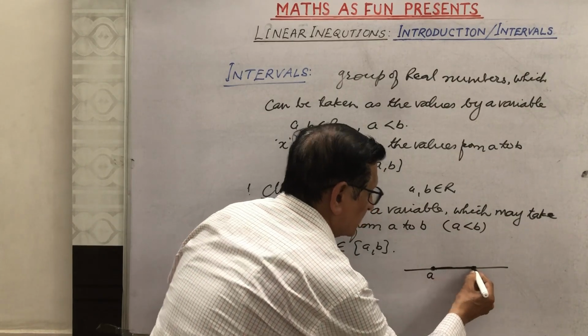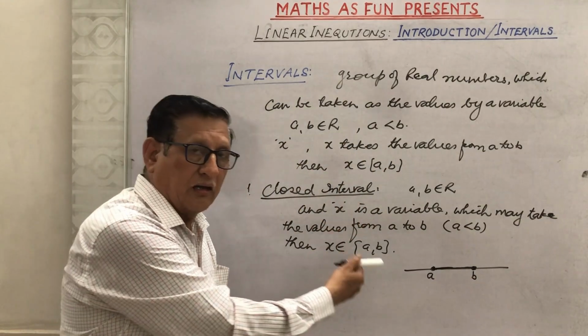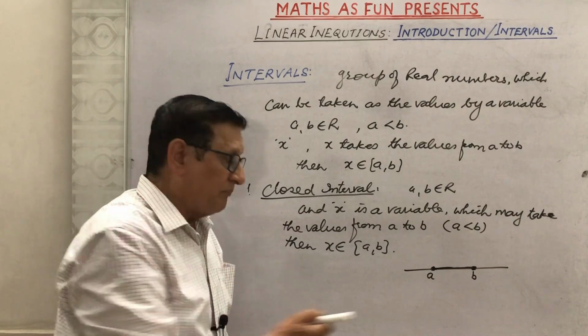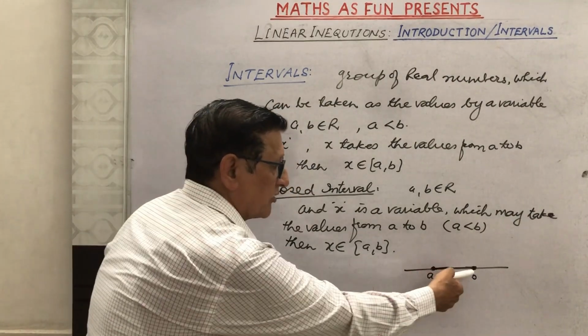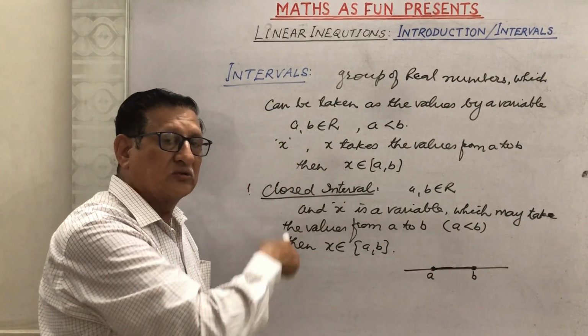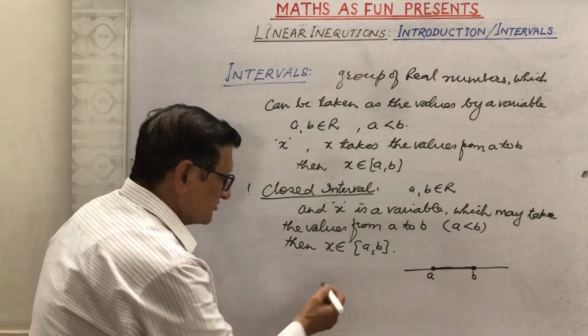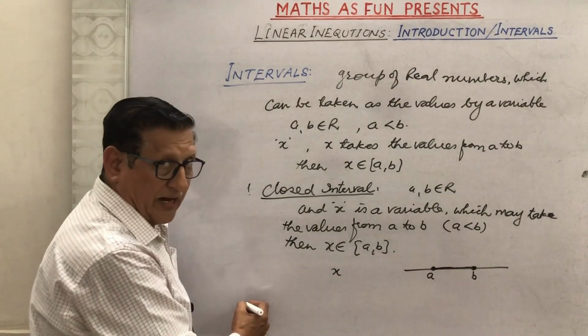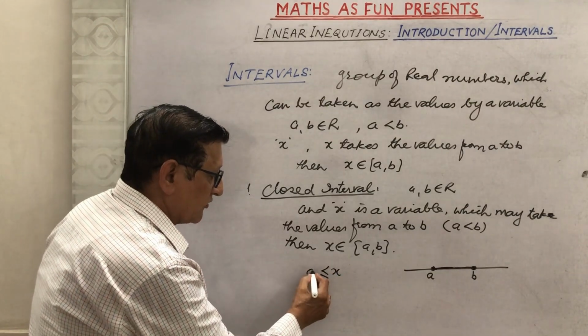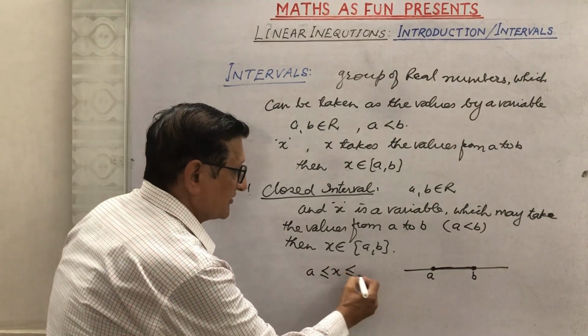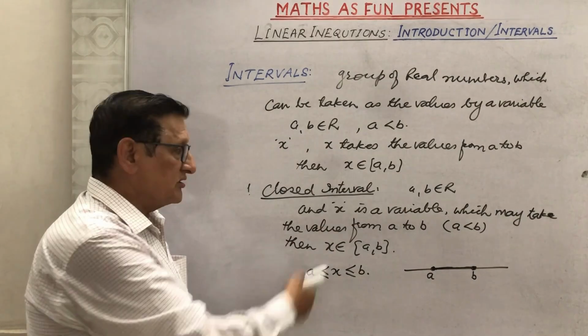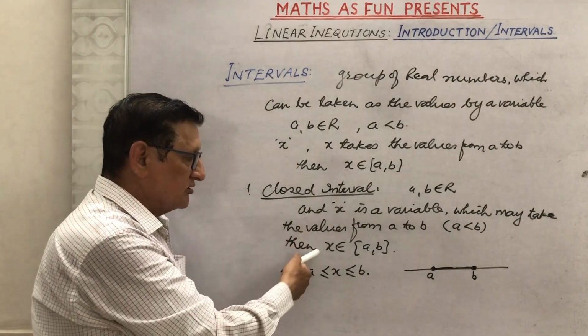This represents the closed interval [a, b]. Bubbles are closed because a and b are also included in the values for x. We can also represent it as x is greater than equal to a and less than equal to b.